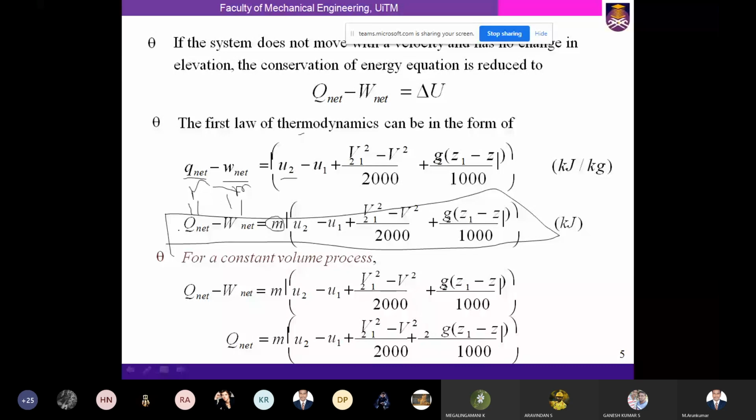We can use this energy equation for a constant volume process. As you know, for a constant volume process we don't have work done. We don't expect work done in a constant volume process, so we can neglect W. Q is equal to mass into change in internal energy plus change in kinetic energy plus change in potential energy.